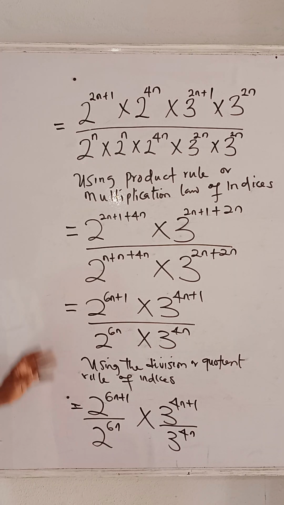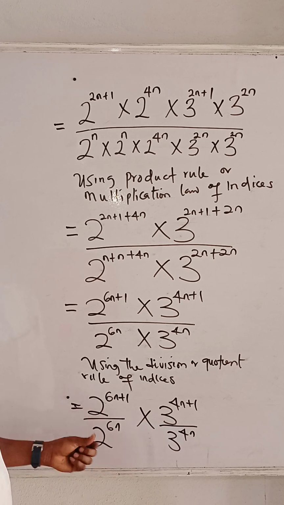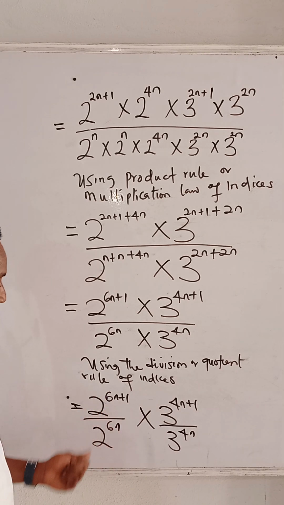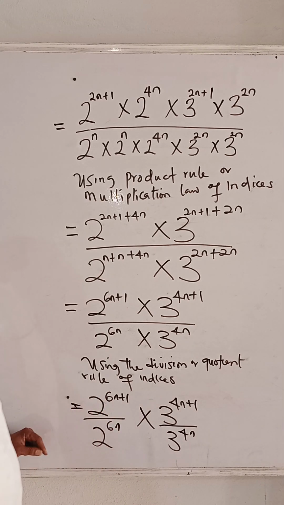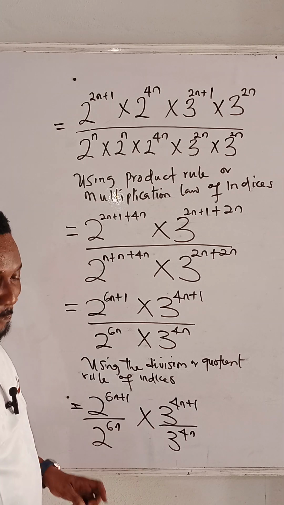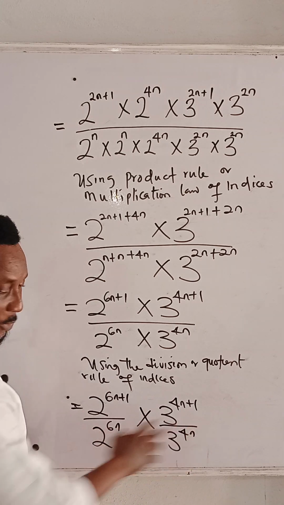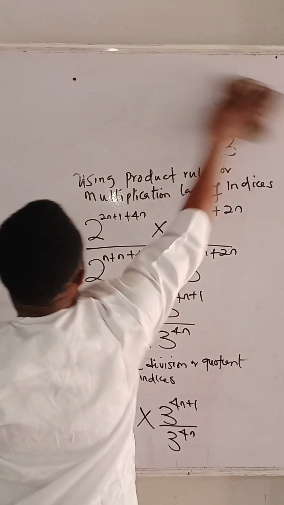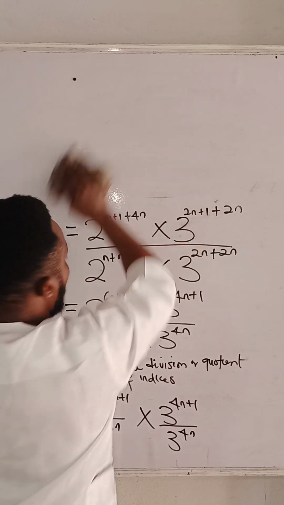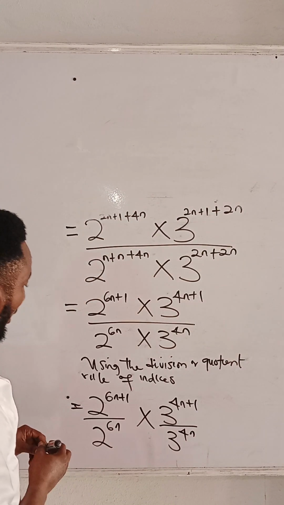And what does the division rule say? If two base numbers are raised to different powers, subtract the powers. So if you apply the law for both here, it means we have done a nice job.